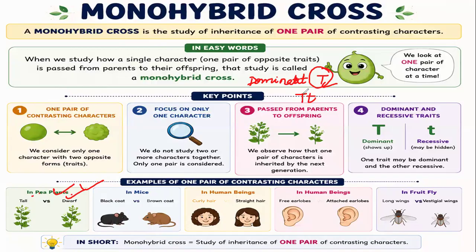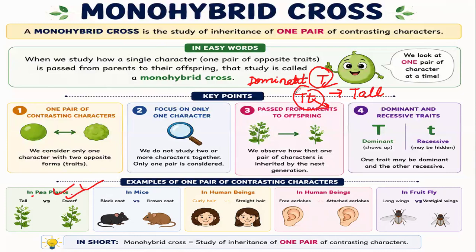In this case, what will be the physical appearance you observe? You'll see the plant will be tall, but at the same time, this gene is also there, which is recessive, and it is recessive, that is why it is hidden and it did not show up. But the plant is tall because of this particular gene, which is dominant.